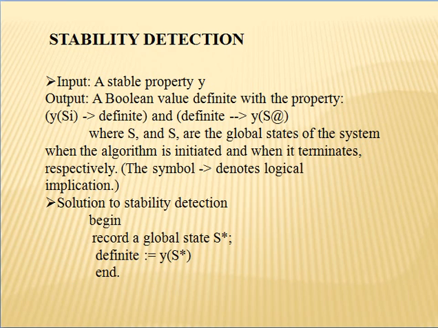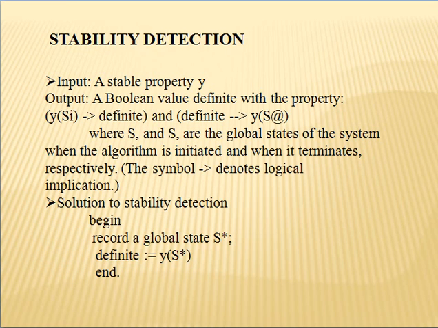The output of the algorithm is a boolean value. Some specially designed process like P enters and thereafter remains in some special state to symbolize the output definite equal to true, and enters and remains in some other special state to symbolize that the output is definite equal to false.